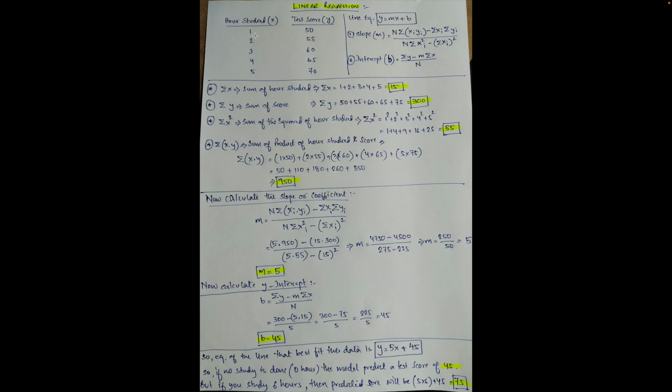So the value of n according to the data set is 5, so I put 5 over here, and then we are going for xi into yi. Xi into yi, we already got the value 950, so that would be 5 into 950 minus summation of xi. What is the value of xi? We have got 15, and yi we have got 300, so we are going for the product of that.